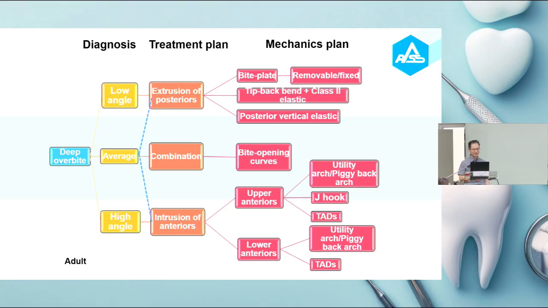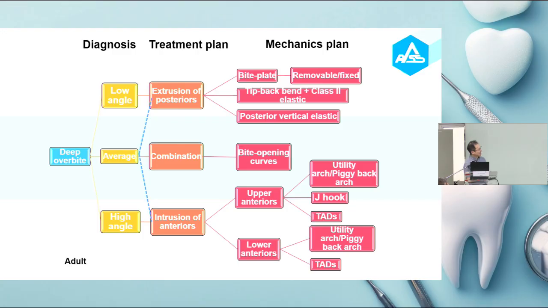We know a low angle case with deep overbite is a skeletal problem, and the treatment plan is extrusion of the posterior teeth. Then we can use a bite plate, tip-back bends plus class 2 elastics, and posterior vertical elastics.